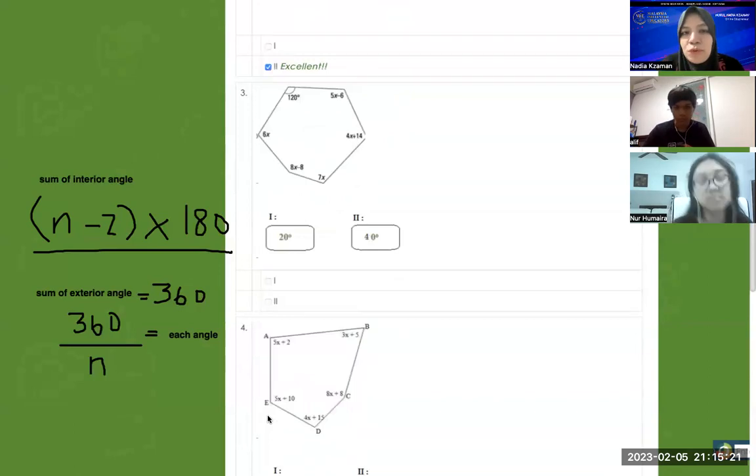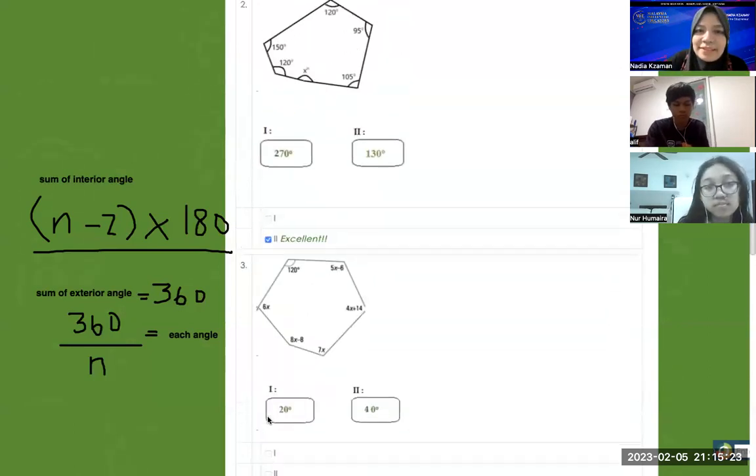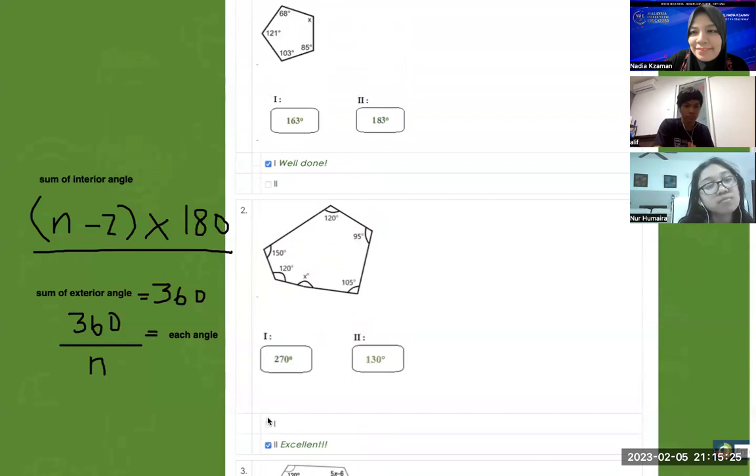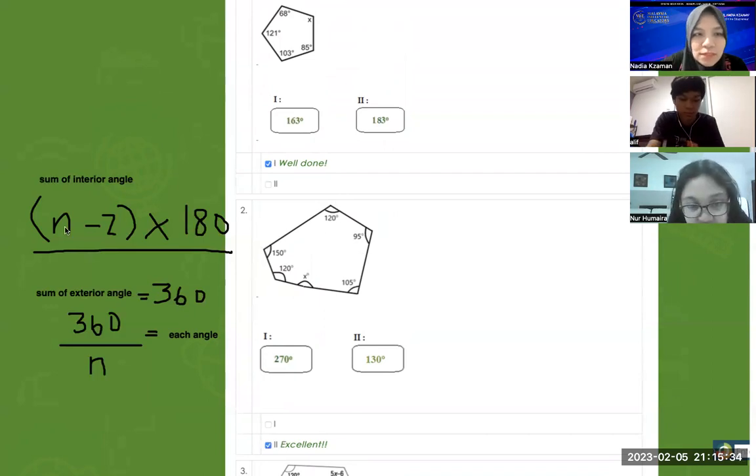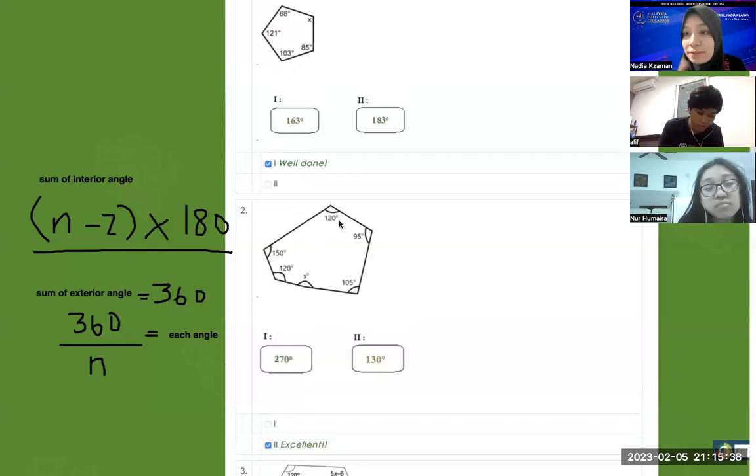Okay. Alif, do you know how Myra get the answer? Okay, first what you need to do is you have to find the sum of all the angle inside, which is n minus 2 times 180. In here, we have 6 sides or 6 corner.